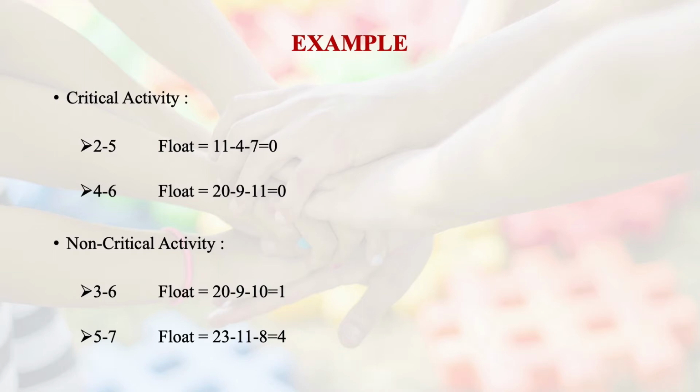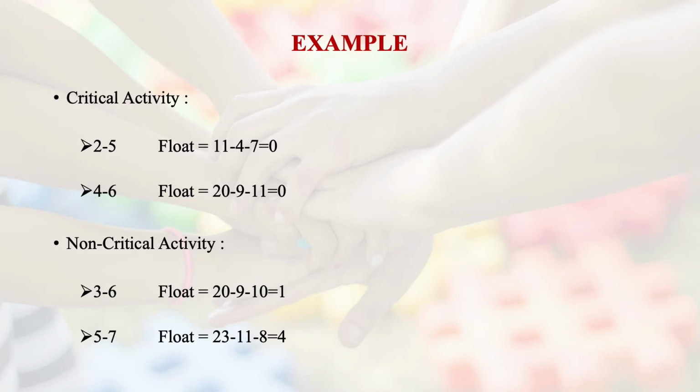But the float available for 5 to 7 is 23, the latest completion time of event 7, minus the earliest completion time of event 5, which is 11, minus the length of the path, which happens to be 8. So you get a float of 4 on path 5 to 7.